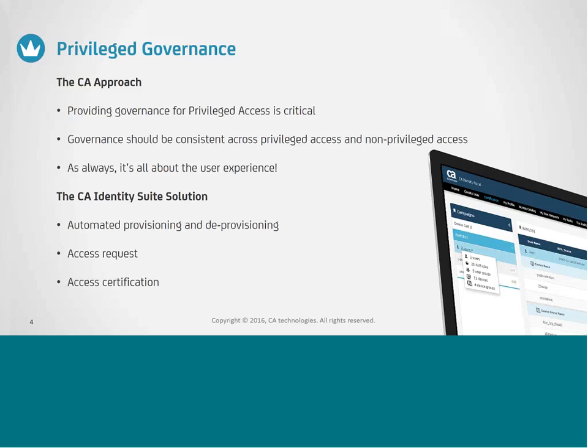We think that this view of holistic access governance is critical. Thinking about risk from that perspective of what you can do with regular access, what can you do with privileged access, and looking at the whole picture together. We also feel that there are things that could be done in terms of improving the governance just for privileged access management. And we'll talk a little bit about that as well.